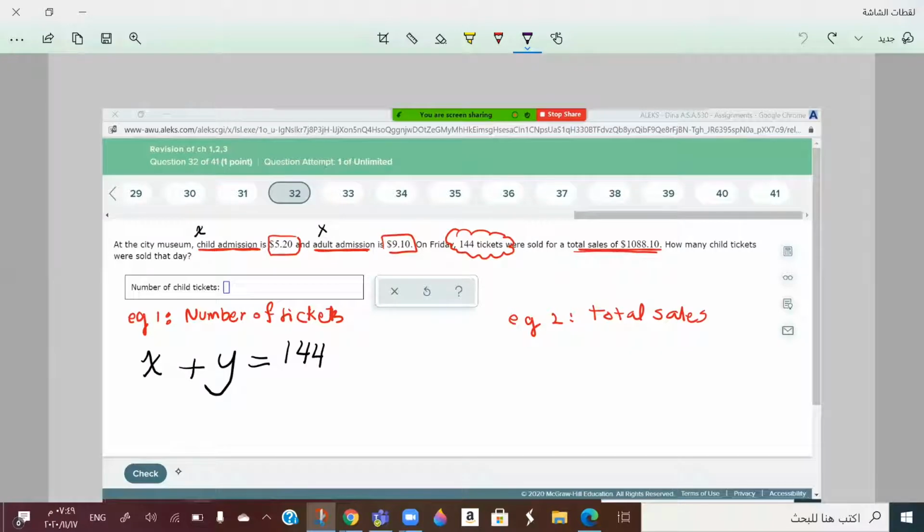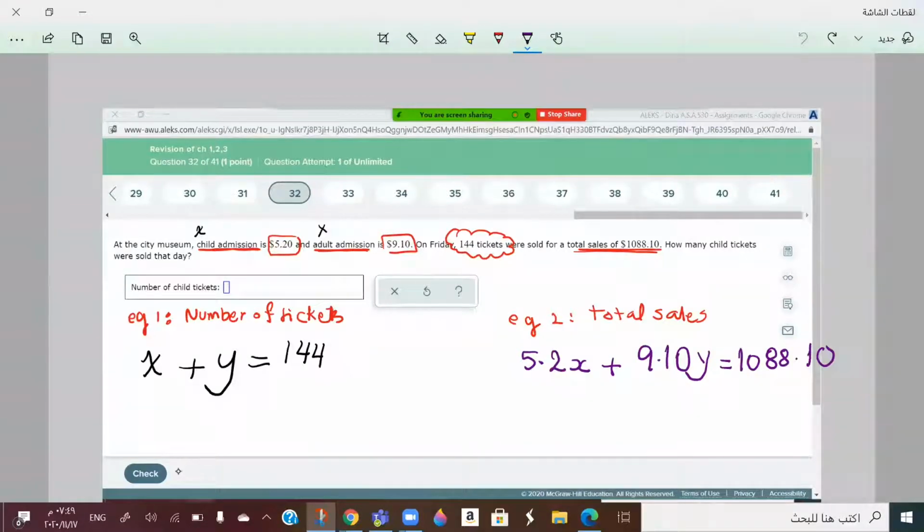If one child ticket is 5.2, that means it should be 5.2x. Now, because it is total, that means plus 9.10y, and this is for the adults, with a total of 1,088.10.